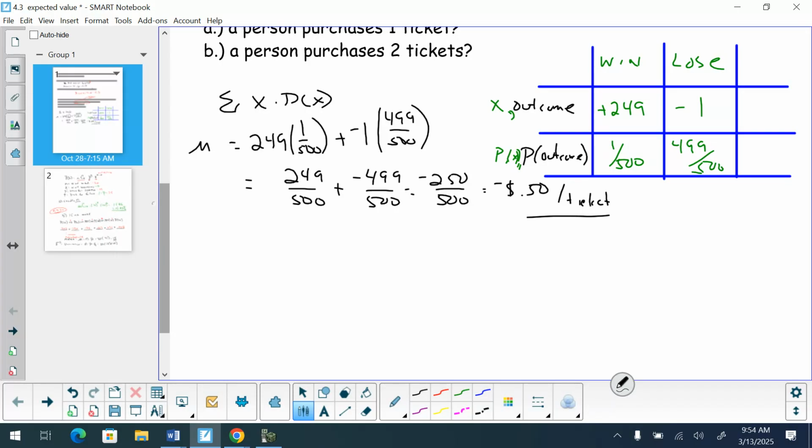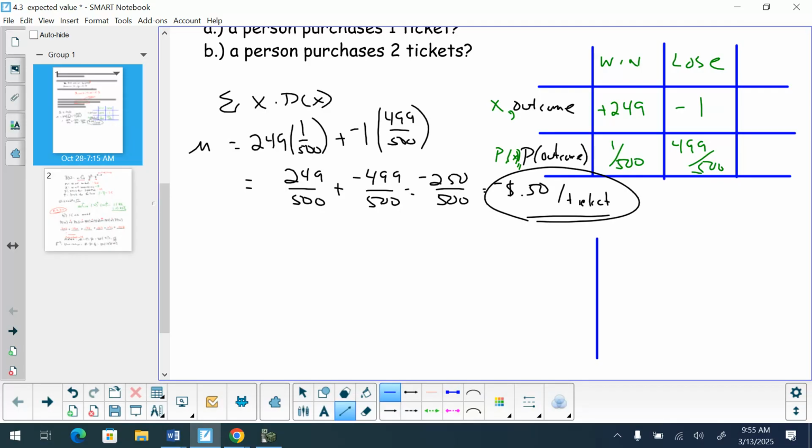So on every ticket that you bought, you would lose 50 cents. You'd still gain $250. You say, I won. But you lose $250. So this is what the theoretical mean determines.